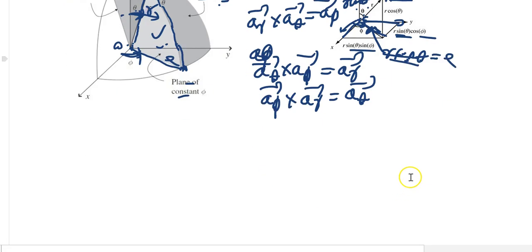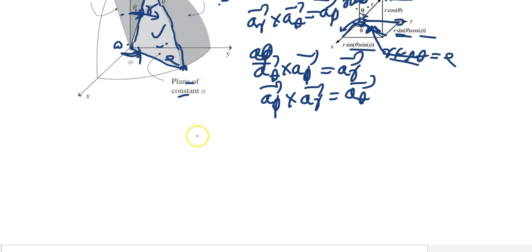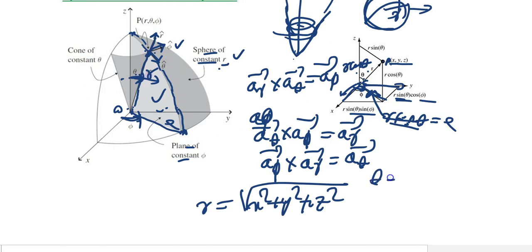And from x, y, z, how to find r? r equals square root of x square plus y square plus z square. Theta equals tan inverse of square root of x square plus y square, upon z.